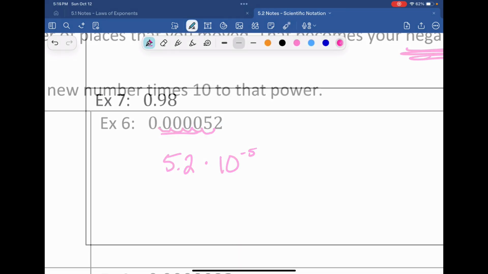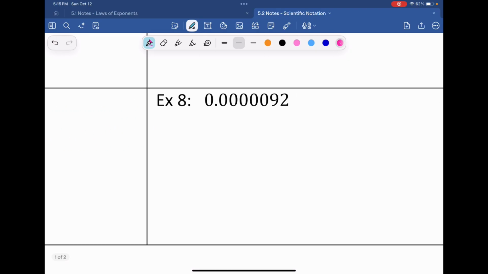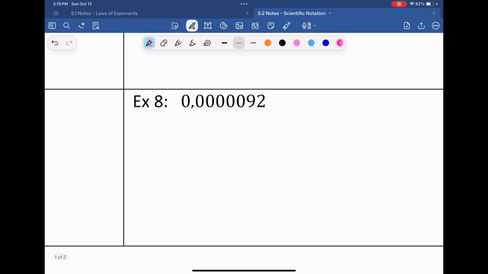So move the decimal to the right one space. That is 9.8. 9 is between 1 and 10. That's good. You only moved it to the right, 1 space. There we are. Right, move it once, and we have 0.000092.